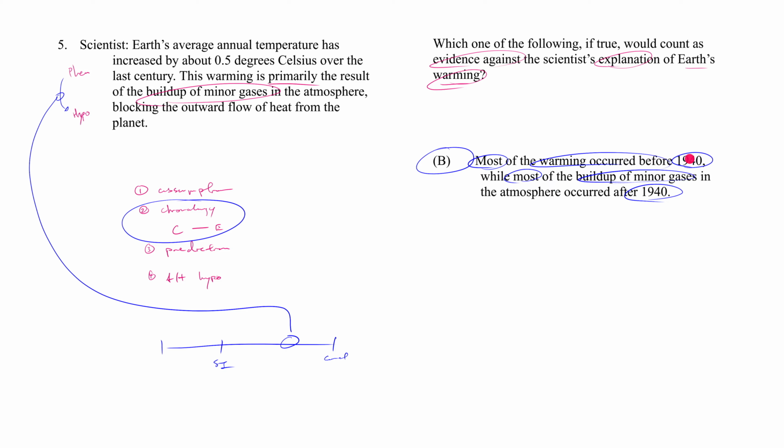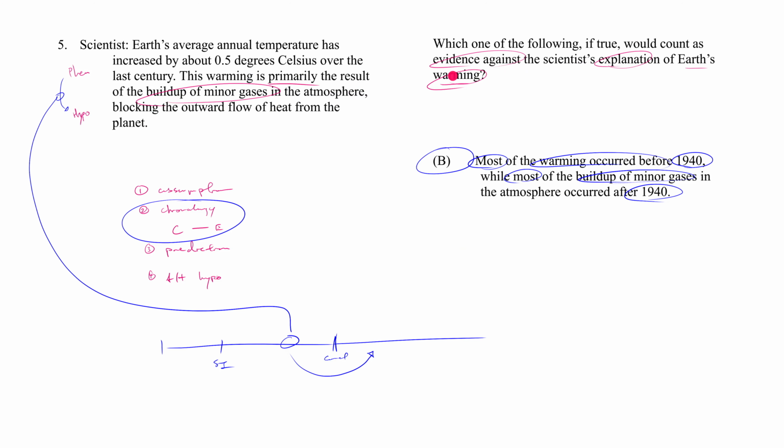I'm going to say that the warming did occur before your cause, your buildup of gases, occurred. Well, now this argument is no longer that great. In fact, with B being true, I think we push the support structure of this argument to the other side of consistent. Now it seems like I actually don't think this is the right explanation, not the right hypothesis.